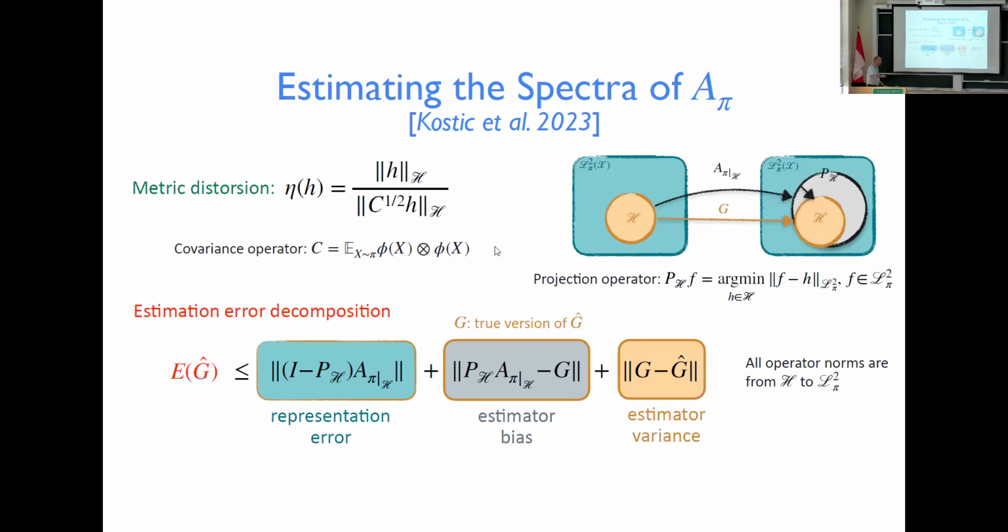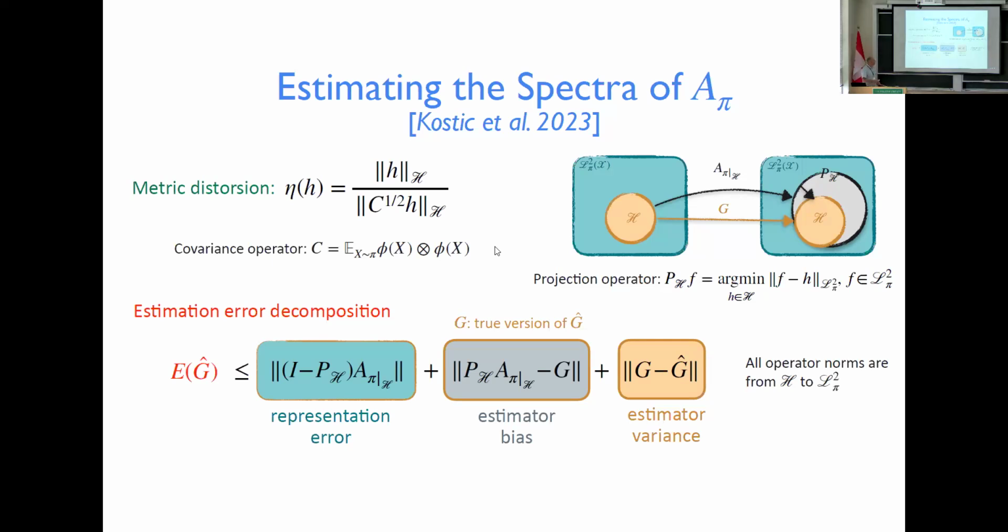We apply the transfer operator, then you project on H. Here you see that this quantity is 0 if the reproducing kernel Hilbert space is dense in the space of square integrable functions. This is a mainstream assumption made in statistical learning theory. So this first term we discard in our analysis.